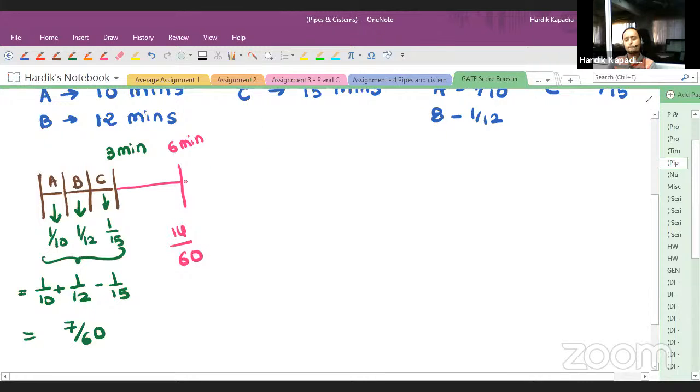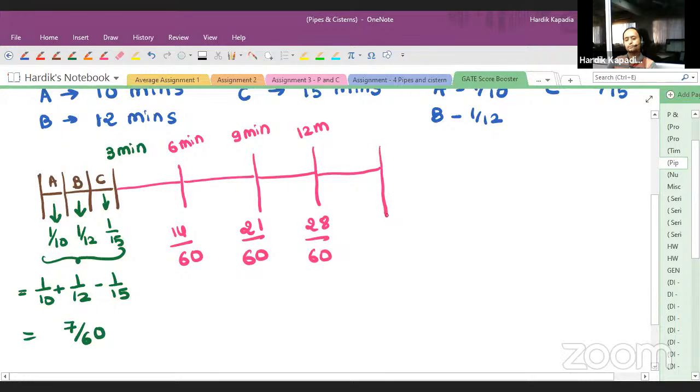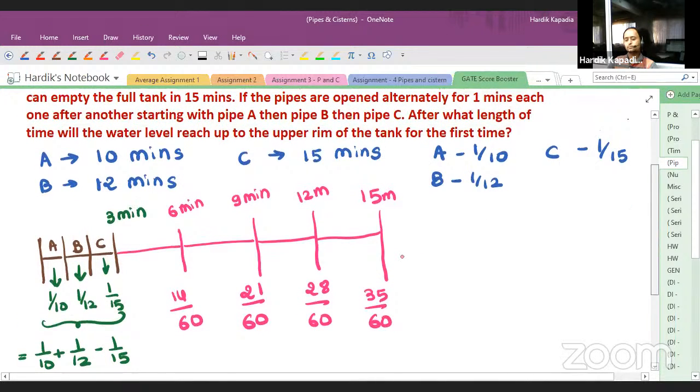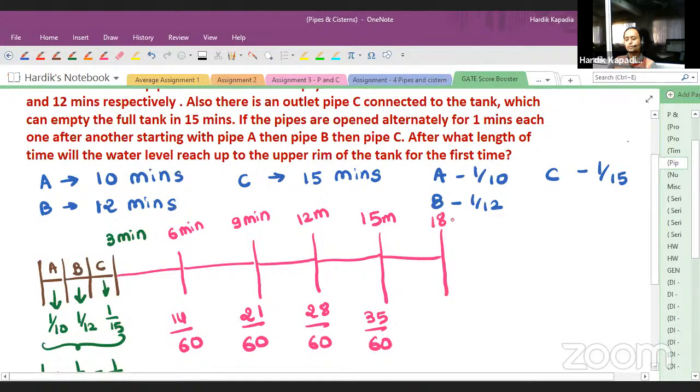Perfect, Mustansir. In another 3 minutes, so 9 minutes, it is 21/60. 12 minutes, 28/60. 15 minutes, 35/60. 18 minutes, 42/60. 21 minutes, 49/60.